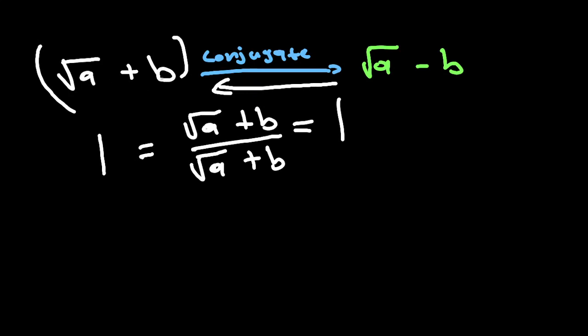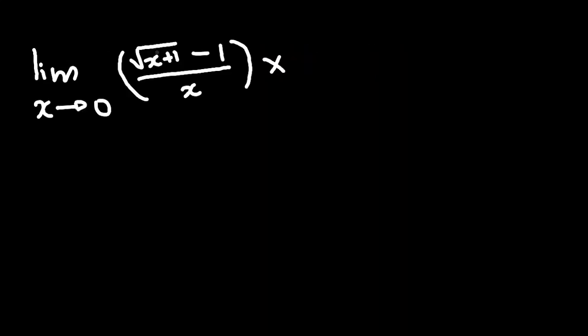The conjugate for root a plus b is root a minus b, which means the conjugate for root x plus 1, where that is a, has a positive sign, and the 1 is b, as in the example on the previous page.